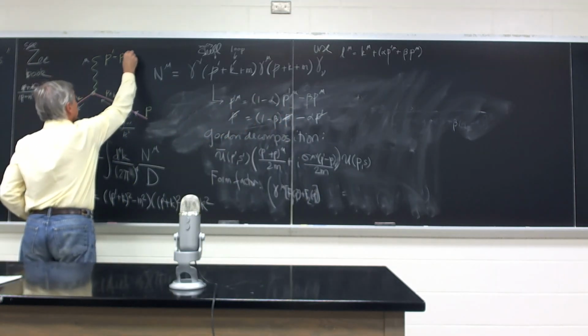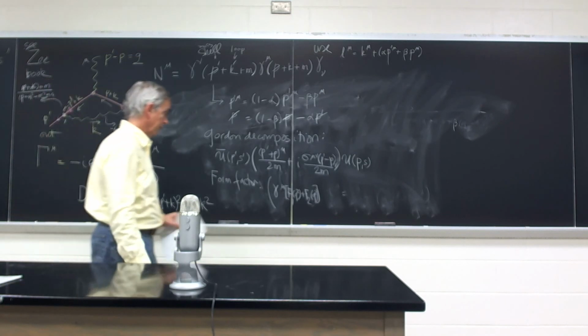P prime minus P is called Q in this formula.